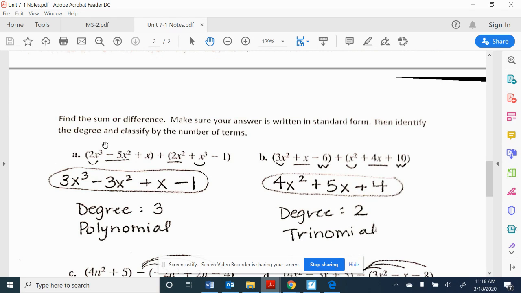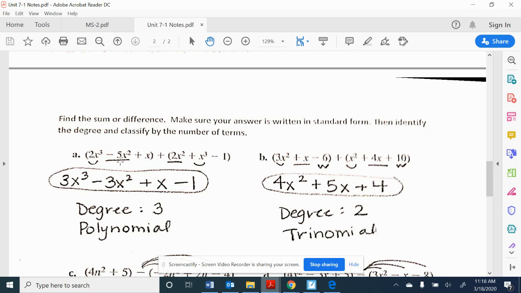All right, find the sum or difference. So here we are going to combine like terms and then find the degree of the polynomial afterwards. So I have a 2x cubed, and there's a plus x cubed. 2x cubed plus x cubed is 3x cubed.